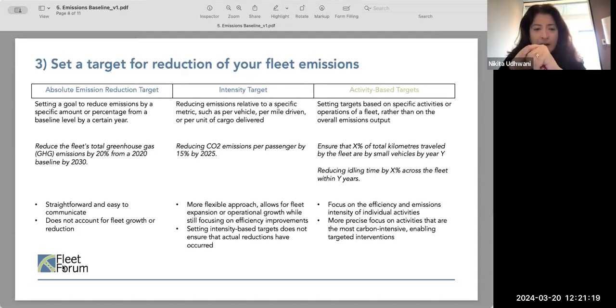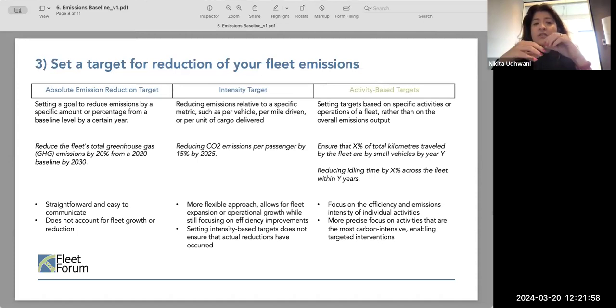I could be wrong, but I think Tony's example from our colleagues at Concern in Malawi is probably an example of an absolute emission reduction target, which is to set a goal of reducing by a specific amount or a specific percentage based on your baseline year. So it's like, I want to reduce my fleet emissions by 20% from the baseline year of 2020, and I want to achieve that by 2030. So this is an absolute emission reduction target.